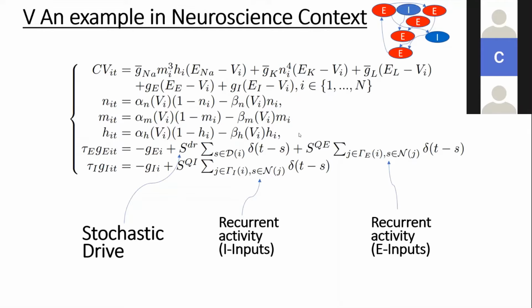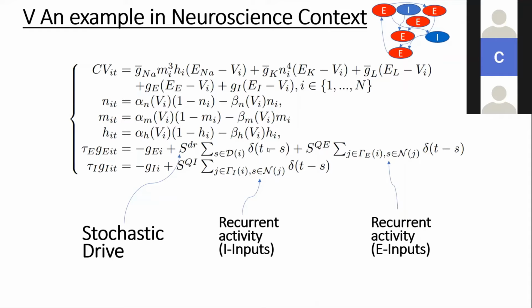The drive is a Poissonian drive, meaning that at some times you will receive a Dirac impulse. So what is the GE? This is a variable that decays to 0, but sometimes it gets a discontinuous impulse, which increases by S_DR over tau_E.